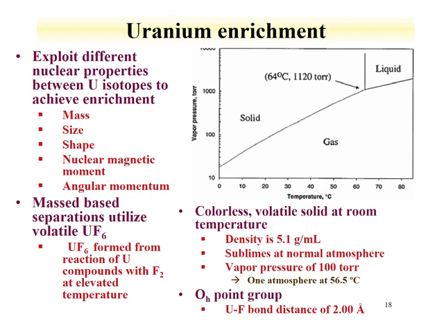This material has a density of about 5 grams per liter, sublimes in normal atmosphere, going from the solid to the gas, and has a vapor pressure of 100 torr, or 1 atmosphere at 56 degrees. So if we took this material and heated it to 56 degrees, we'd have an atmosphere of pressure of uranium hexafluoride above it.